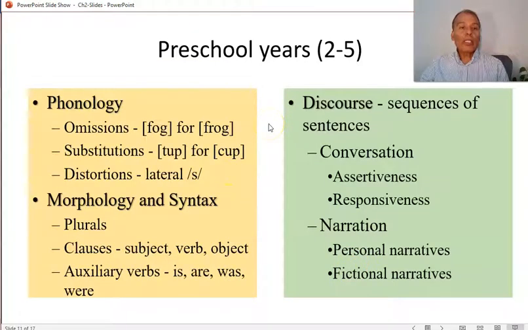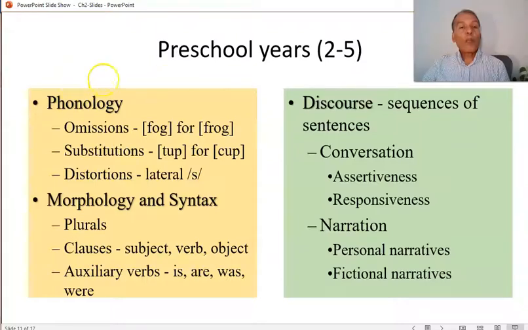Preschool years, the child continues to develop phonology, continues to develop morphology and syntax, and also discourse. These were present before, however, they are being expanded. Just to give you an idea, by the 11th month of life, they have mastered all the phonetic repertoire of their native language.